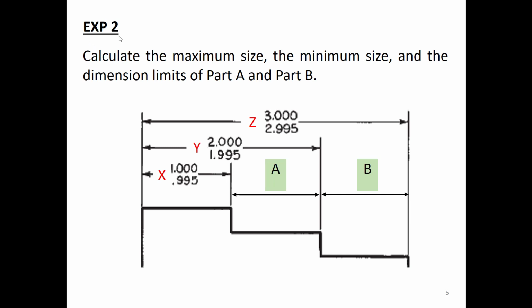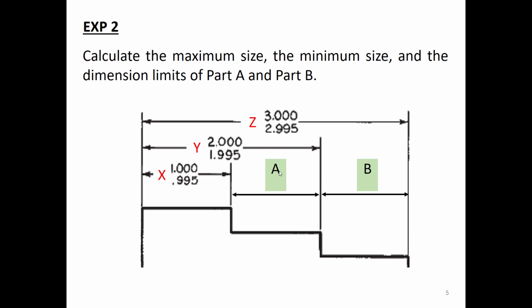Now let's take a look at the second example. So the second example still calculates the maximum and the minimum size and the dimension limits of part A and B. So the difference is it's going to be subtract instead of a plus.